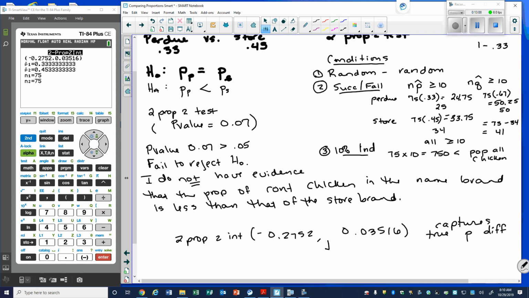And because 0 is in that confidence interval, that shows me that there is no difference between these 2 brands. You can use that for extra support. Okay, so you can follow this model just using your 2 samples to run the test.